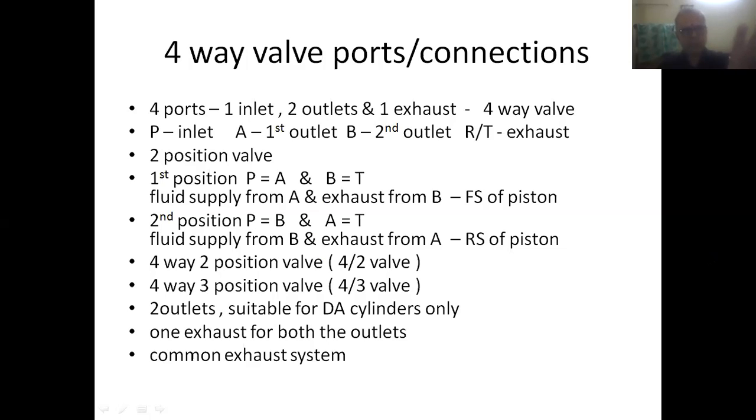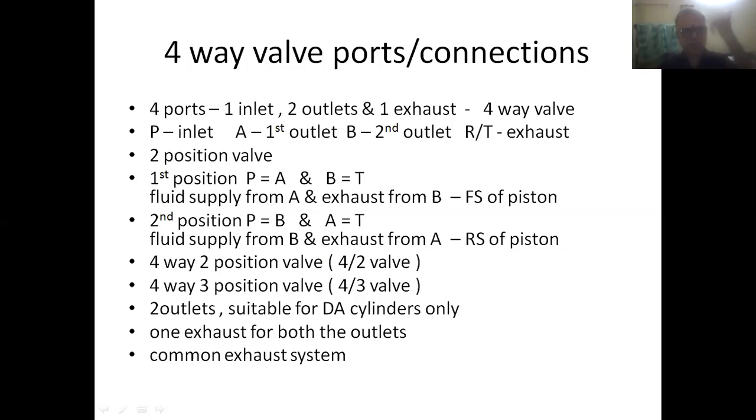And in the case of a four-way valve, we have two categories, 4x2 valve and 4x3 valve. We have seen the figures of 4x3 valve in the first slide. Also, we have seen the figures of two-position valve in the second slide. And friends, these valves will be having two outlets.